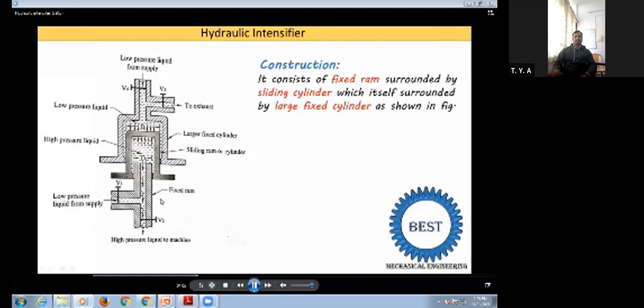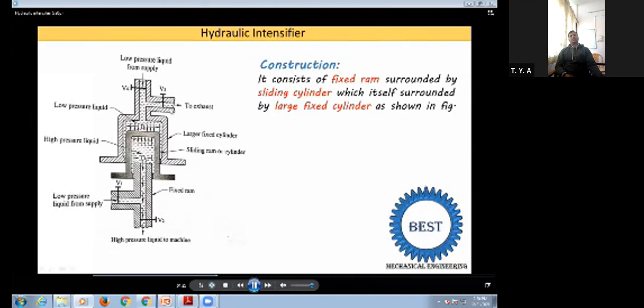Now in this fixed ram cylinder we have two valves. V1, from which low pressure liquid is supplied. Another valve is V2, through which high pressure liquid is supplied to the different machines like the lift and crane. So high pressure liquid is supplied from here. Now in the sliding ram there is no valve. In the large fixed cylinder there are another two valves, V3 and V4.